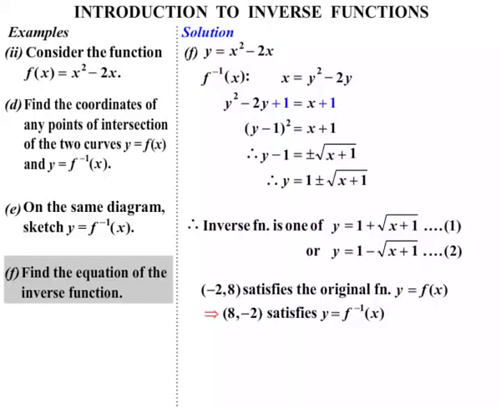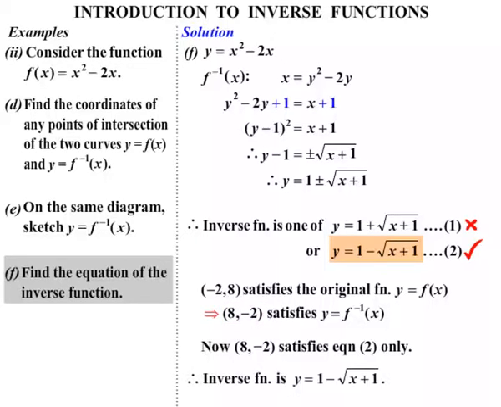Armed with that knowledge, if we substitute 8, minus 2 into equation 1, you will find that it doesn't work, it's not valid. If we substitute 8, minus 2 into equation 2, then it does work. So we can say that 8, minus 2 satisfies equation 2 only, so therefore the inverse function is y equals 1 minus the square root of x plus 1.